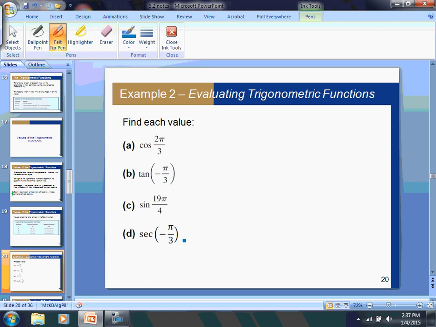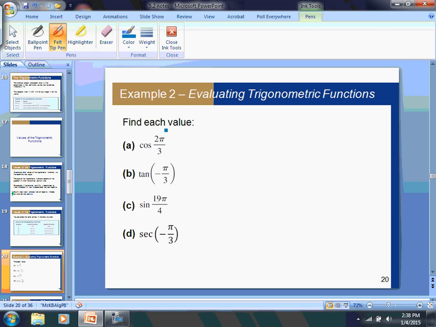So if you have your unit circle handy, or if you have memorized that first quadrant, okay, we're going to try and focus on using that first quadrant as our reference angles, like we've done in the previous sections of our homework. Okay, so first thing we want to do for part A here, if we're evaluating cosine of 2 pi over 3, is we want to figure out where 2 pi over 3 is.